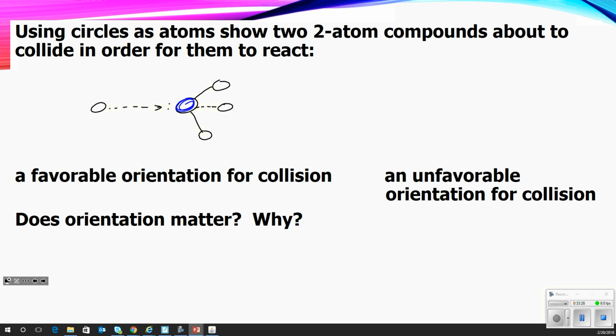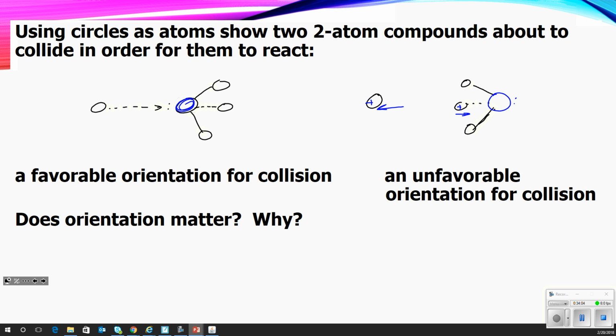But if I had the hydrogens coming this way with my nitrogen here and the unshared pair here, this is not favorable because these are both positives, so they will repel each other and force each other away. So the reaction won't happen. Orientation is really important when a compound only has one or two openings.